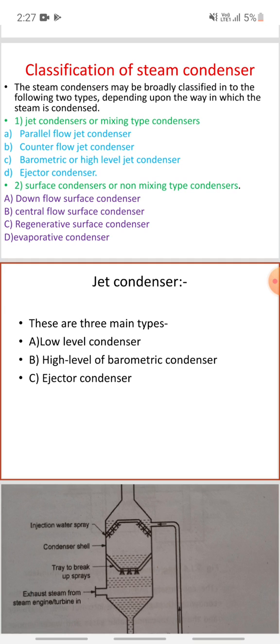First, jet condenser, which is also known as mixing type condenser. Second type is surface condenser, also known as non-mixing type condenser.